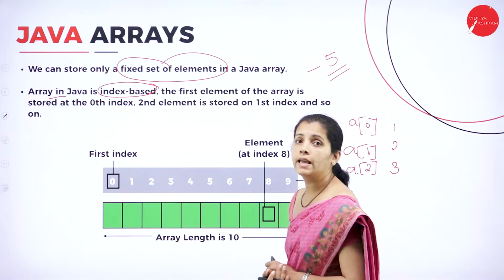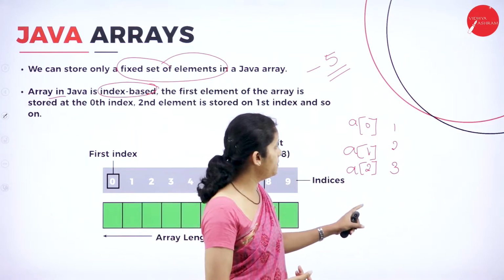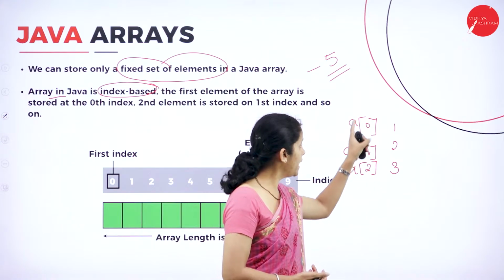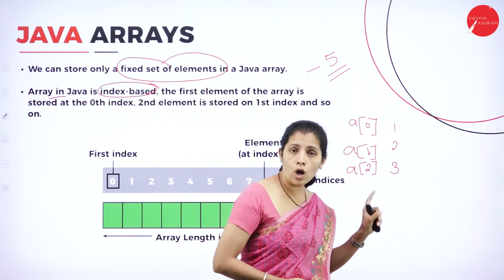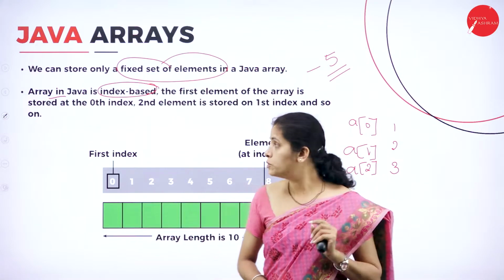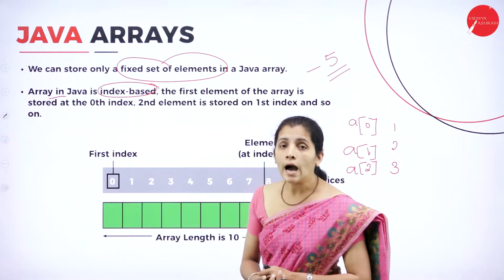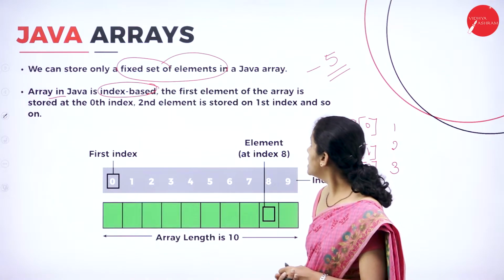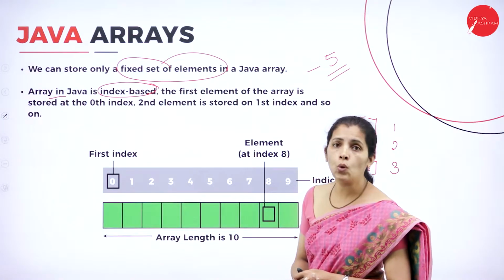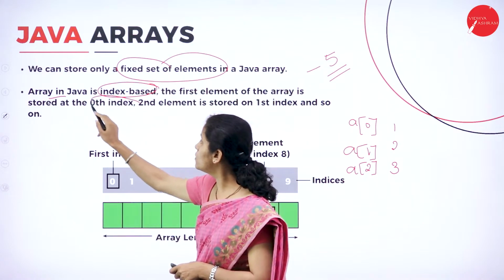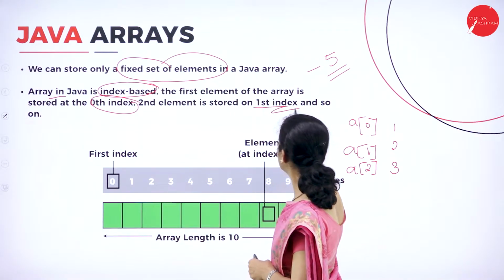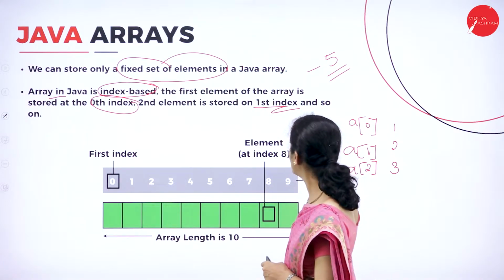That means I can access the element which is present in my array with the help of an index or with the help of a position. So an array in Java is index based. The first element of the array is stored at location 0 and the second element is stored at location 1 and so on.